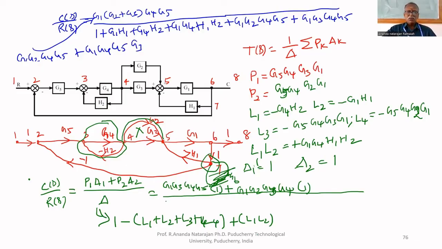Therefore, delta equals 1 minus: L1 is minus G4 H2, L2 is minus G1 H1, minus G5 G4 G3 G1, minus G5 G4 G2 G1, plus L1 L2, which is G1 G4 H1 H2.